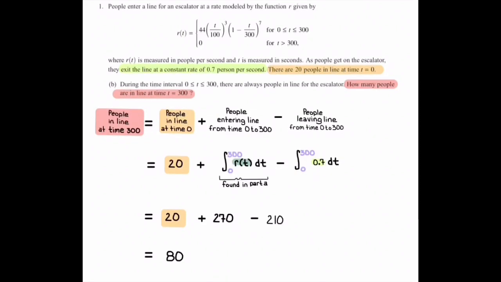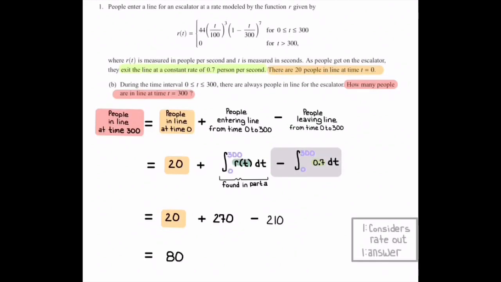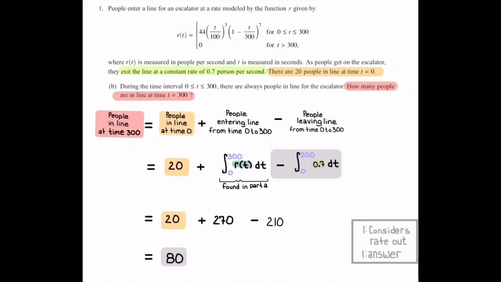There were 80 people in line at time 300 seconds. Part B was worth 2 points. The first point was for considering the rate out, in other words, subtracting the integral from 0 to 300 of 0.7 dt. And the second point was for the answer, 80.